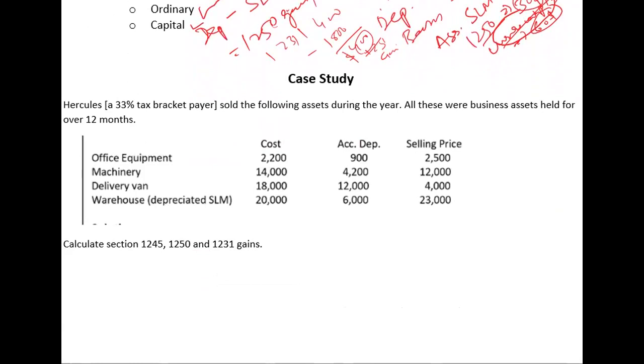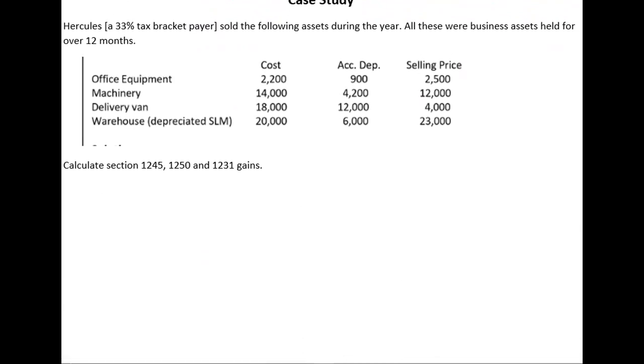Hercules, who is in the 33% tax bracket, sold the following assets during the year. All these were business assets held for over 12 months, so they qualify as 1231 assets. Now, different costs, accumulated depreciation, and selling prices are given to us.